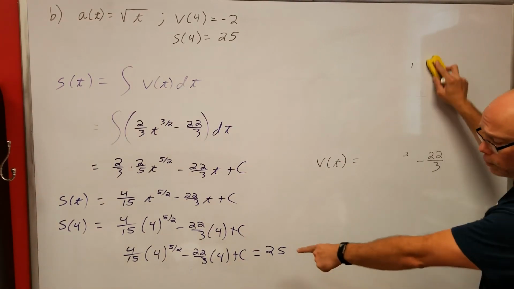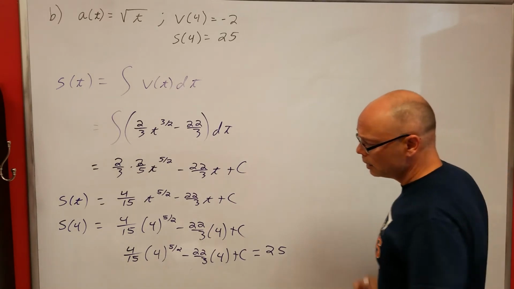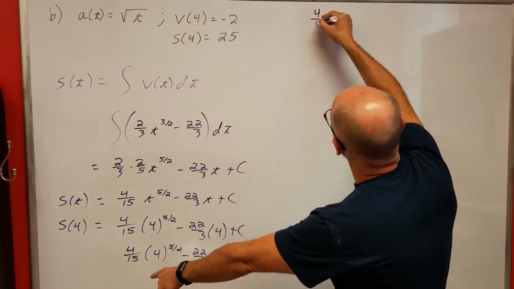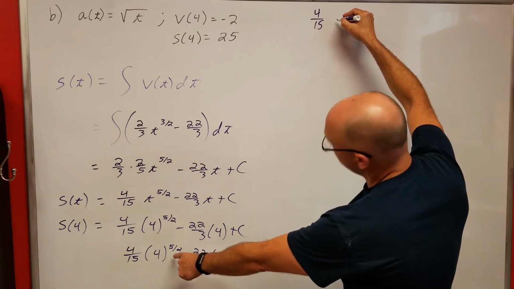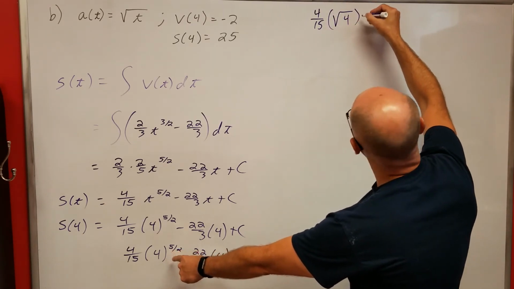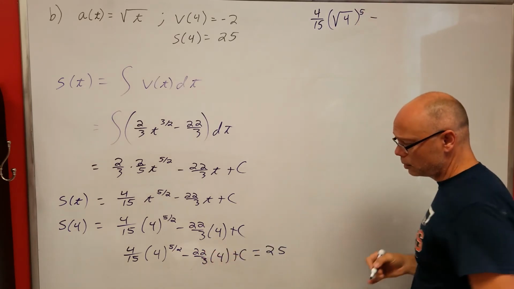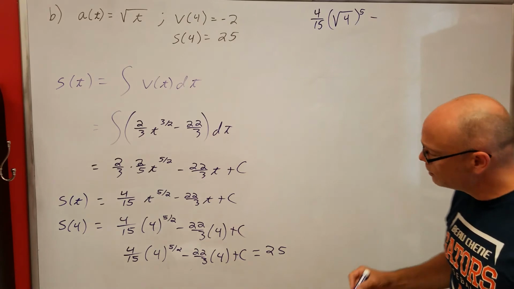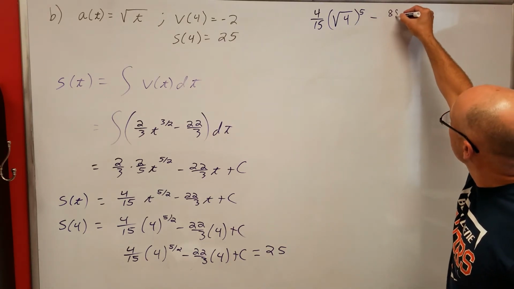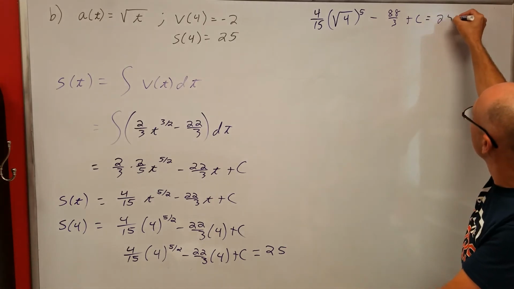All right, well, let's solve for our c value, our constant value there. So that's 4/15, and what is this? The square root of 4 raised to the 5th, minus, well, 4 times 22 gives me 88, and that's over 3, plus c is equal to 25, right?